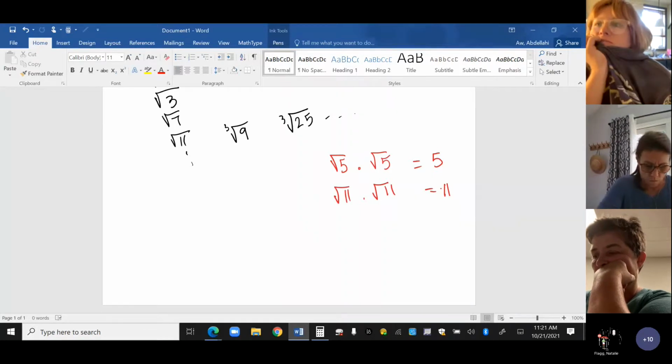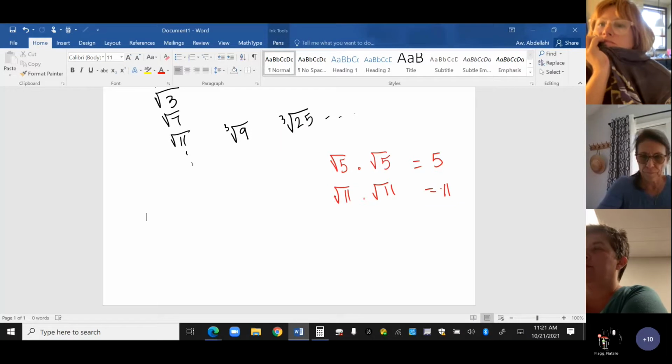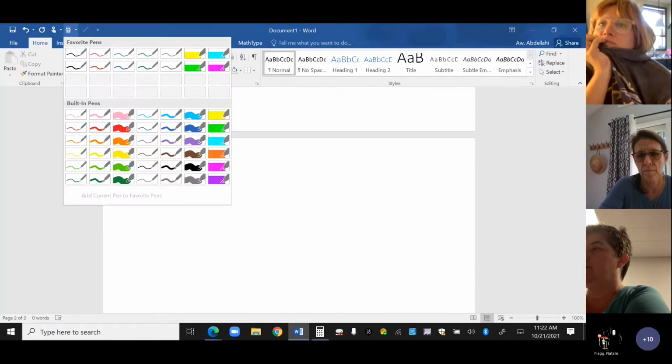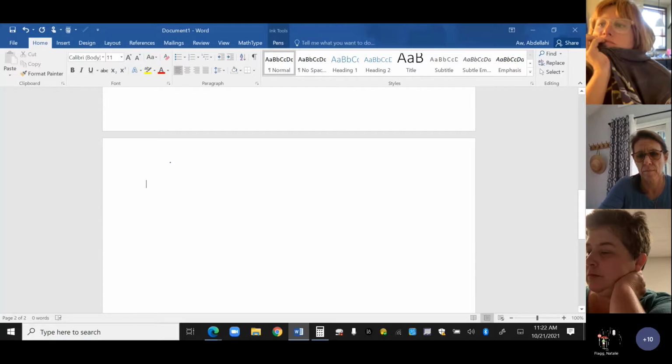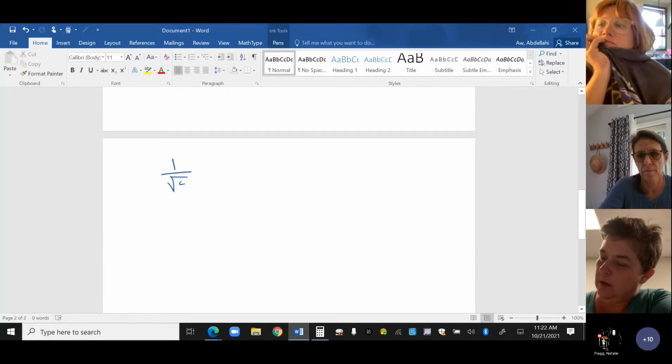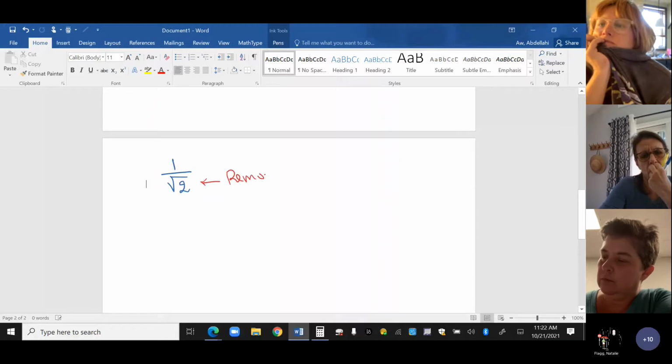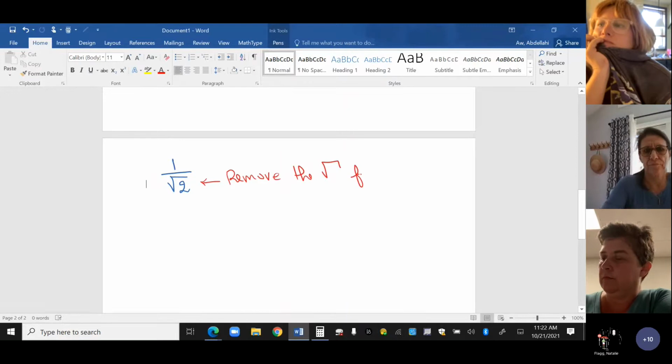If they match exactly, it gives you the number itself, right? We agree with that? Okay, so rationalizing the denominator, for instance with 1 over square root of 3 or 2, means removing the square root from the denominator.